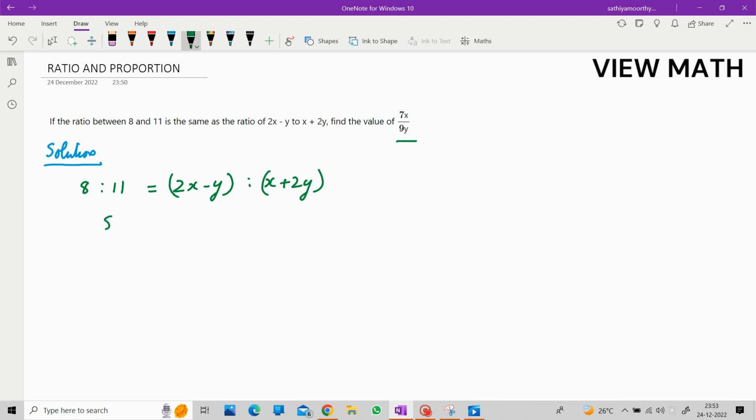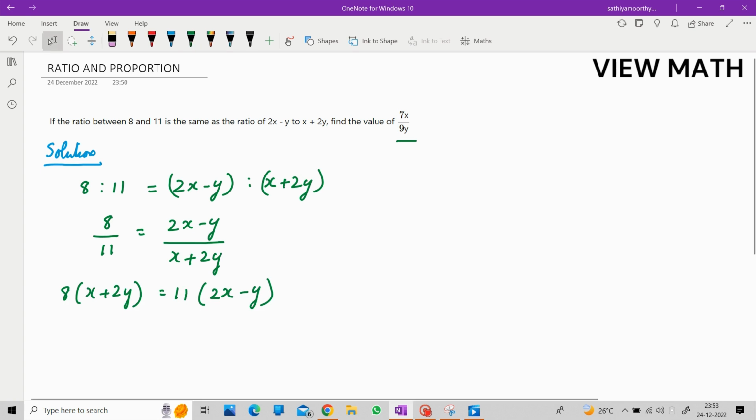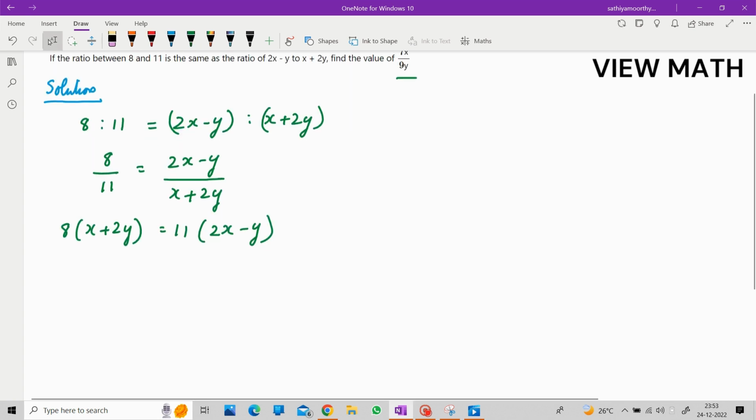I can write this as 8 by 11 is equal to 2x minus y by x plus 2y. Let me cross multiply. 8 into x plus 2y is equal to 11 into 2x minus y. Let me multiply the 8 inside the bracket.